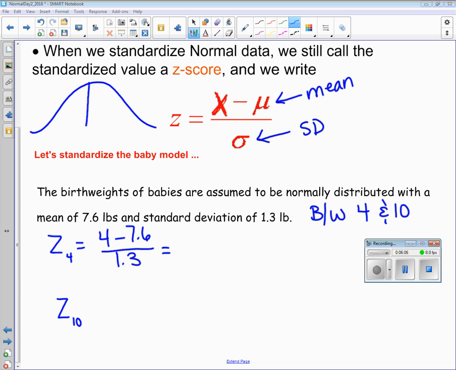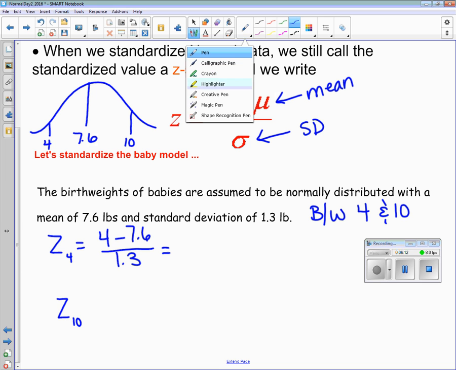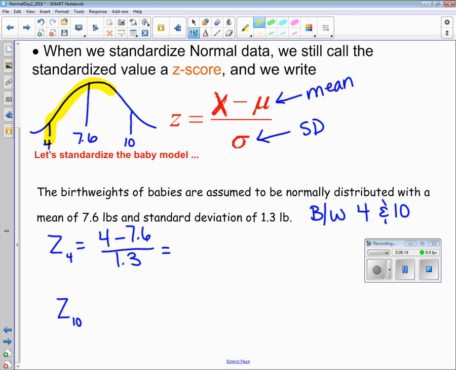We have a 7.6 mean. We're looking between 4 and 10. So we're looking for this. What'd you get? Negative 2.76. Okay.